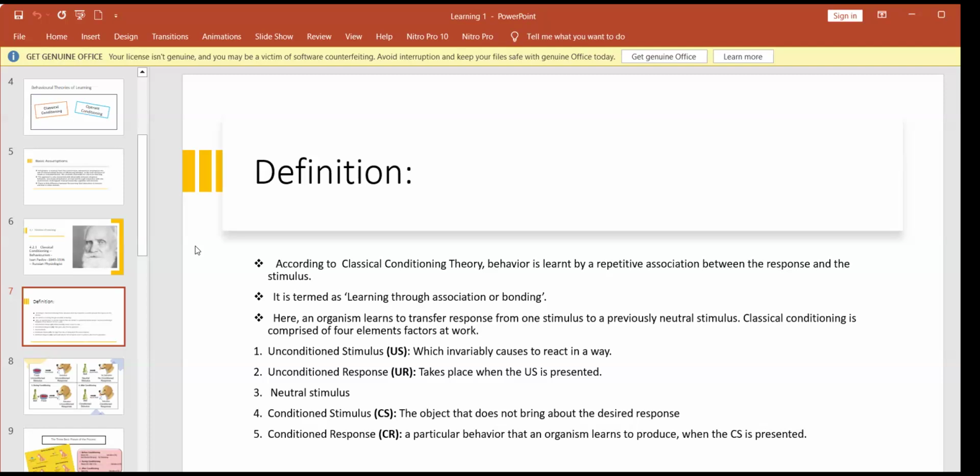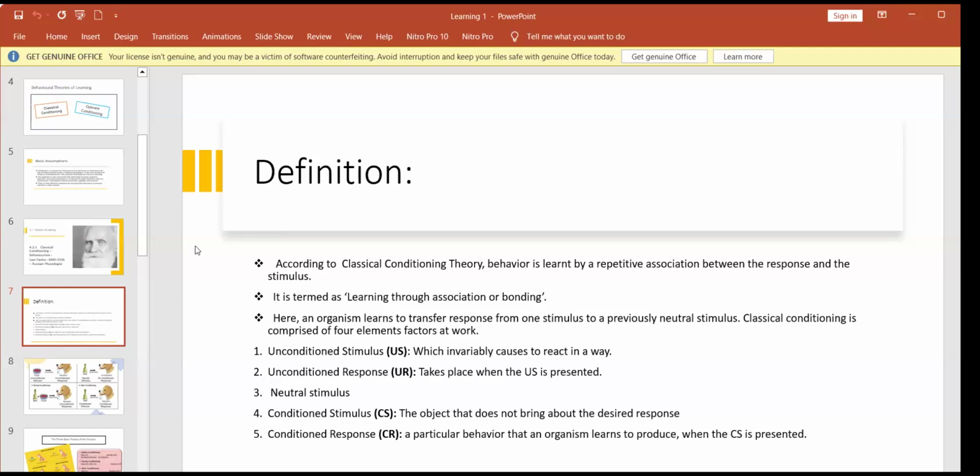To give food, he sounded the bell. Even when not giving food, just to get the dogs to the kennel door, he rang the bell, and there is a considerable amount of salivation for the sound of the bell. So there is new learning.